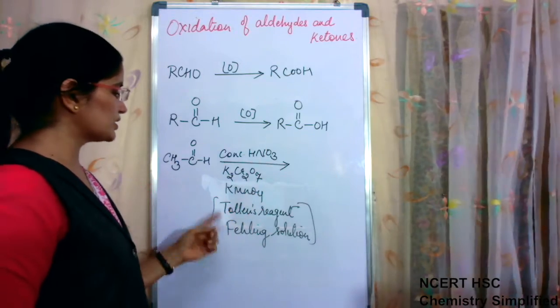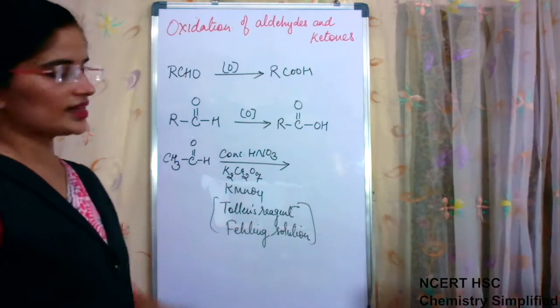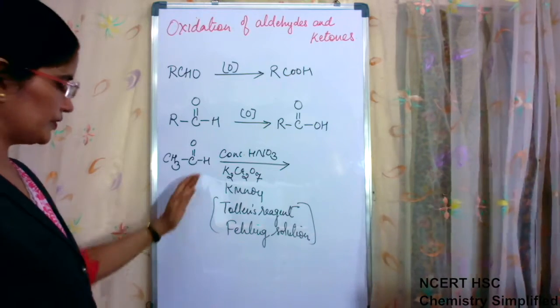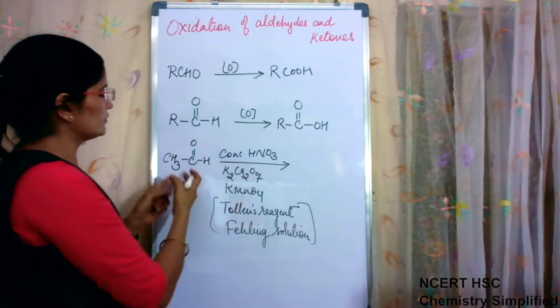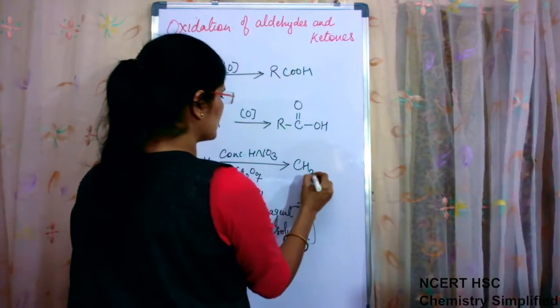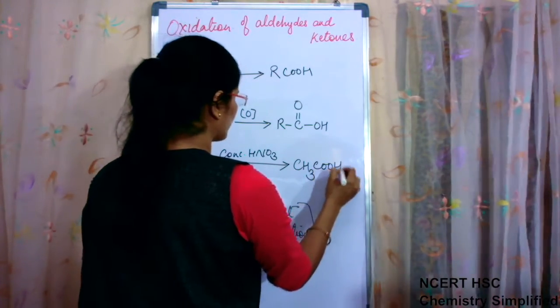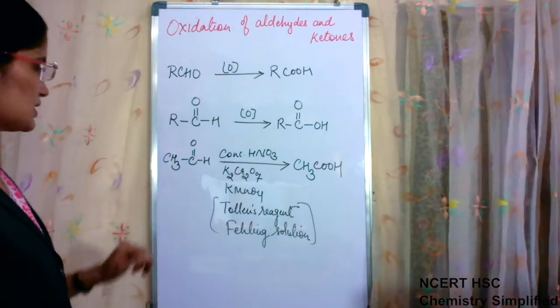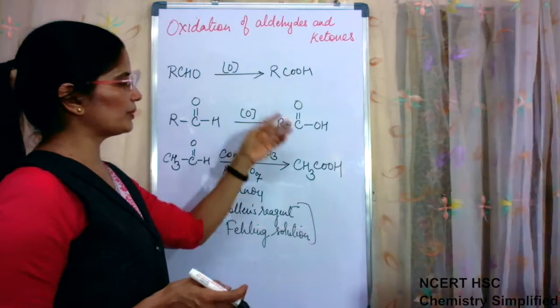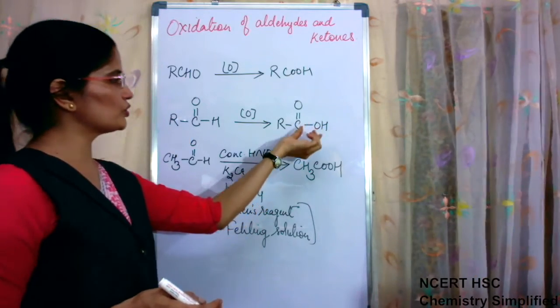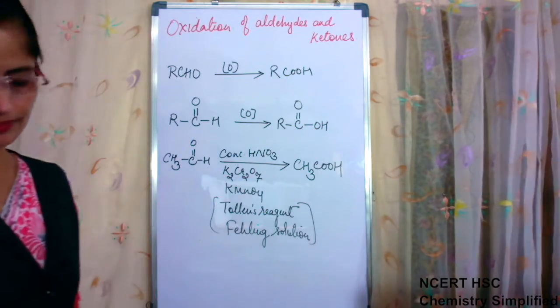They cannot oxidize ketones into acids. Why they cannot do, we will just see. Okay, so any out of these can convert aldehyde into acid CH3COOH, because the conversion of aldehydes into acid is easier without breaking any bond. Only O is introduced between C and H.